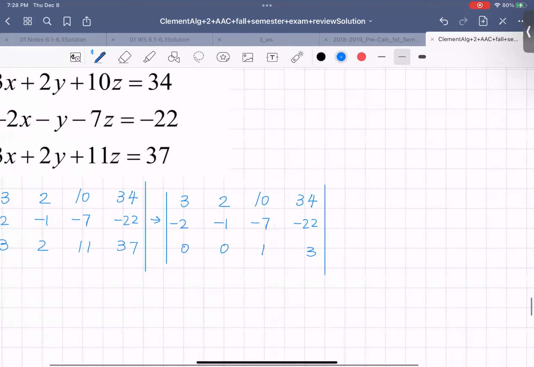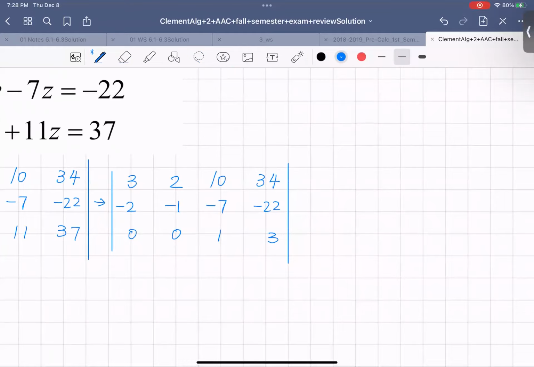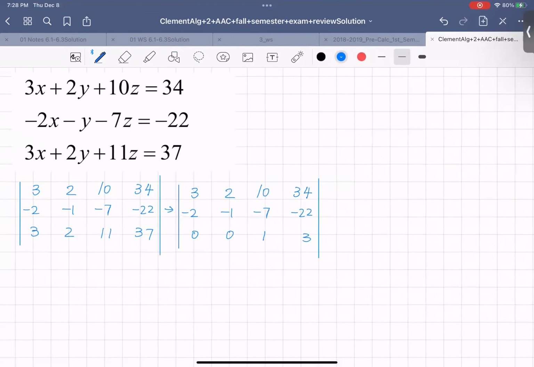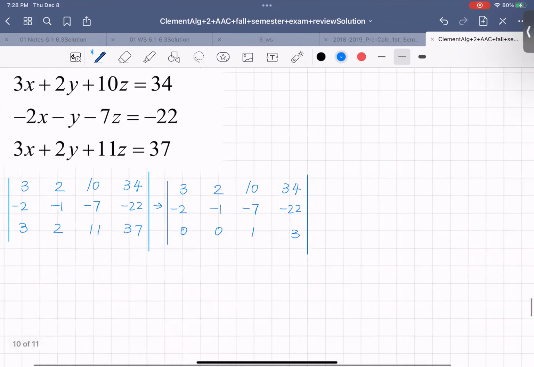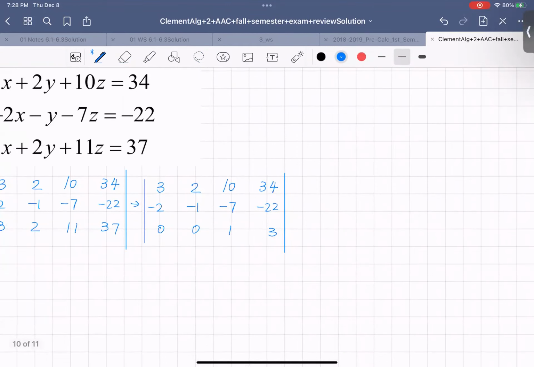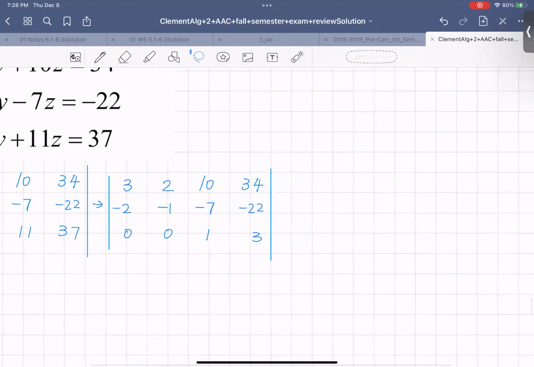Very good. Second step, what do you do? I multiplied the top row by 2 and the second row by 3 and then added them. Sure. So we can write down this guy over here. 6, 4, 20, 68. Double, right?